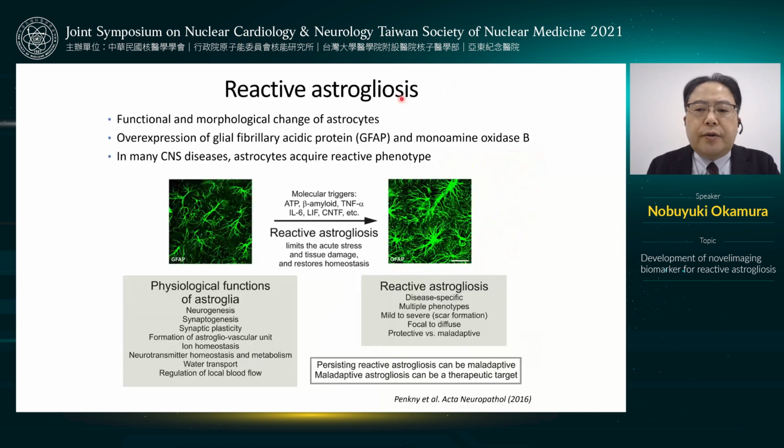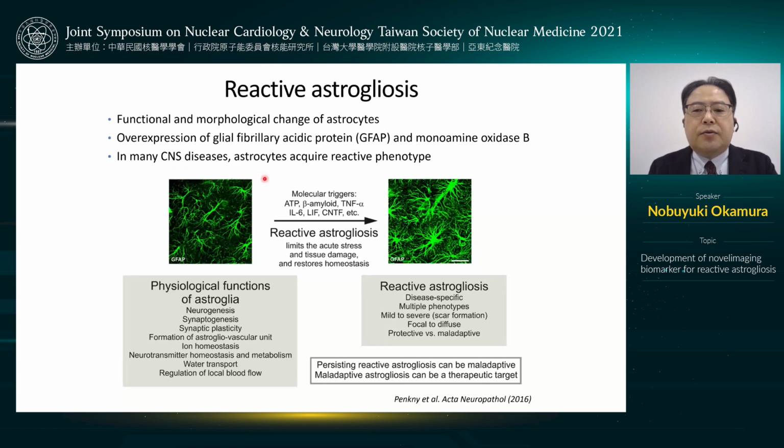Reactive astrogliosis is functional and morphological changes of astrocytes, which overexpress intermediate filament such as glial fibrillary acidic protein, GFAP, and also monoamine oxidase B. In many CNS diseases, astrocytes acquire the reactive phenotypes.